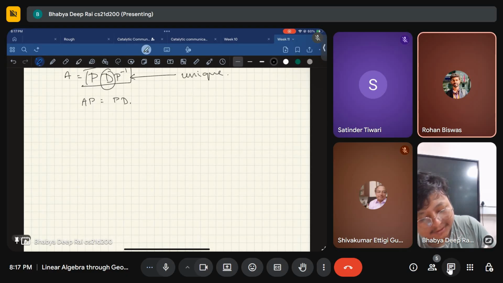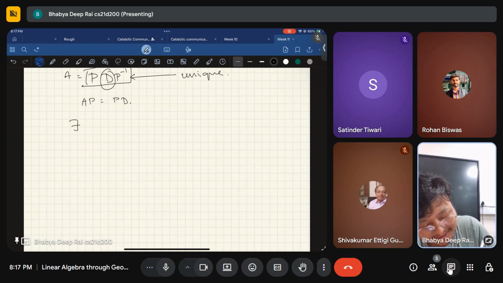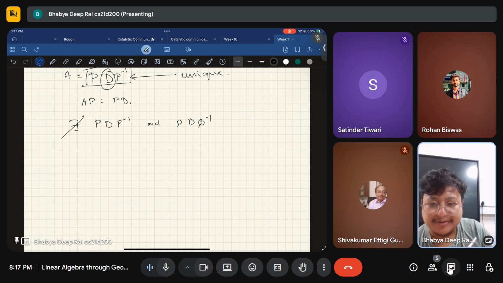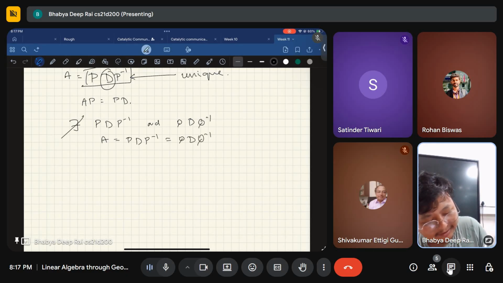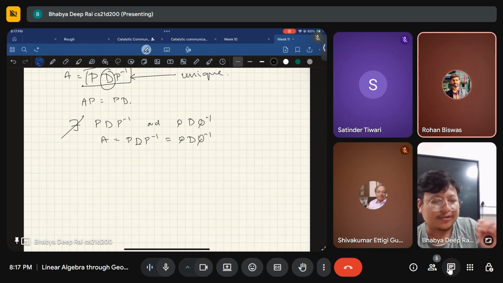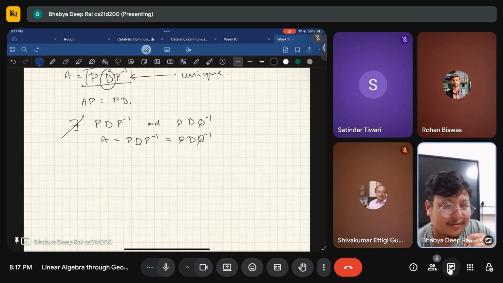Sure. So what I mean is there exists PDP inverse and QDQ inverse, or can you say something like that does not exist a PDP inverse such that A equals PDP inverse and QDQ inverse, where P is not necessarily the eigenvectors and D is not necessarily the eigenvalues. Okay, this is true uniqueness, right? Right.